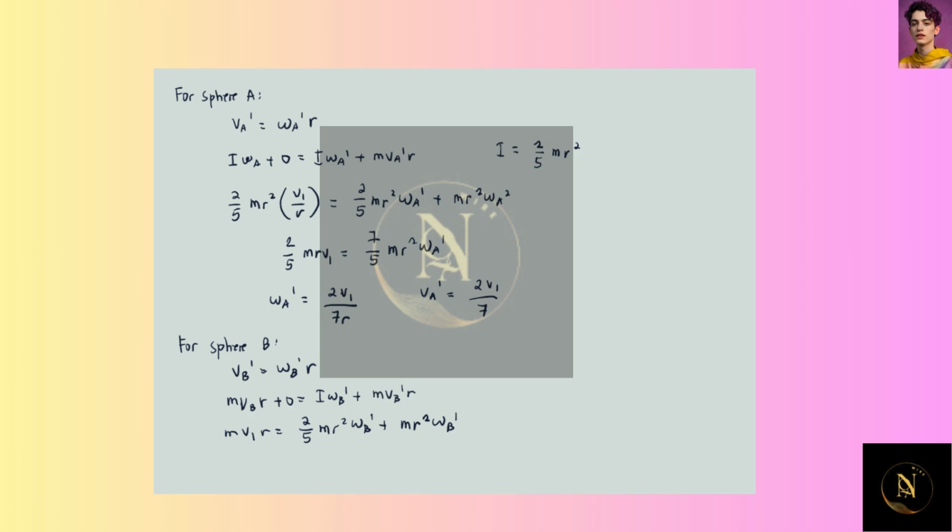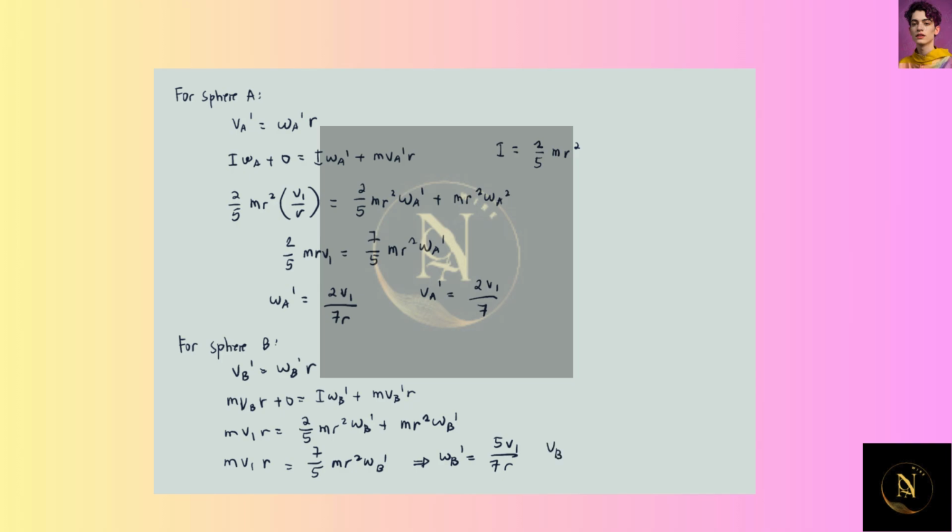So this will be M V1 R equals 7 over 5 M R squared omega B prime. From here, we get omega B prime equals 5 V1 over 7R.